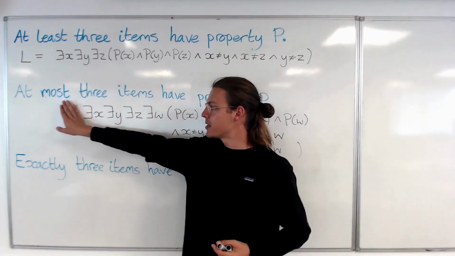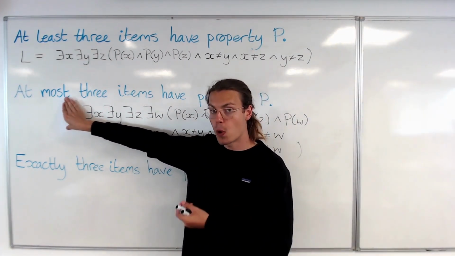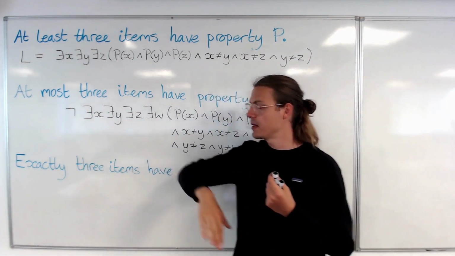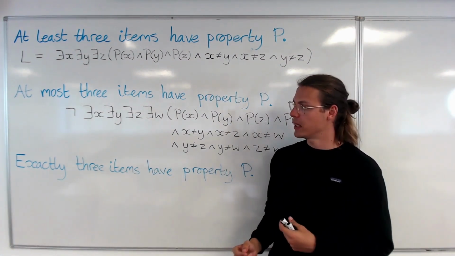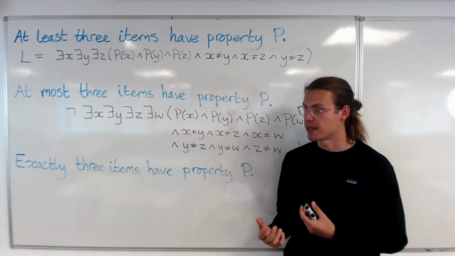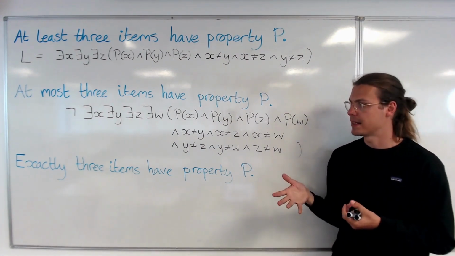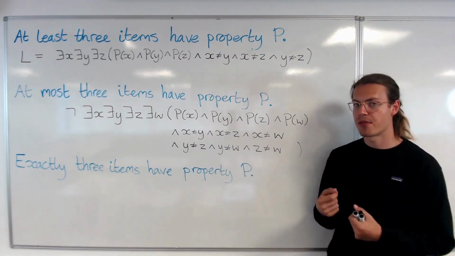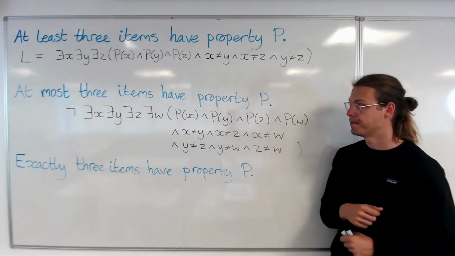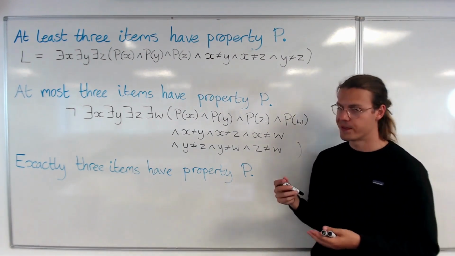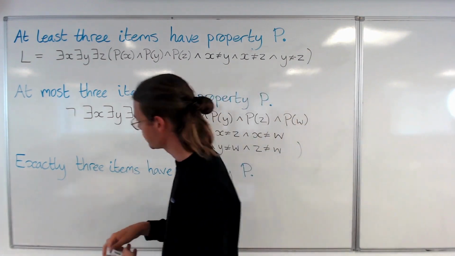So without the negation, that says at least 4 items have property P. With the negation, it says that it is not the case that at least 4 items have property P, which is the same as saying that at most 3 items have property P. And we'll call this formula M.